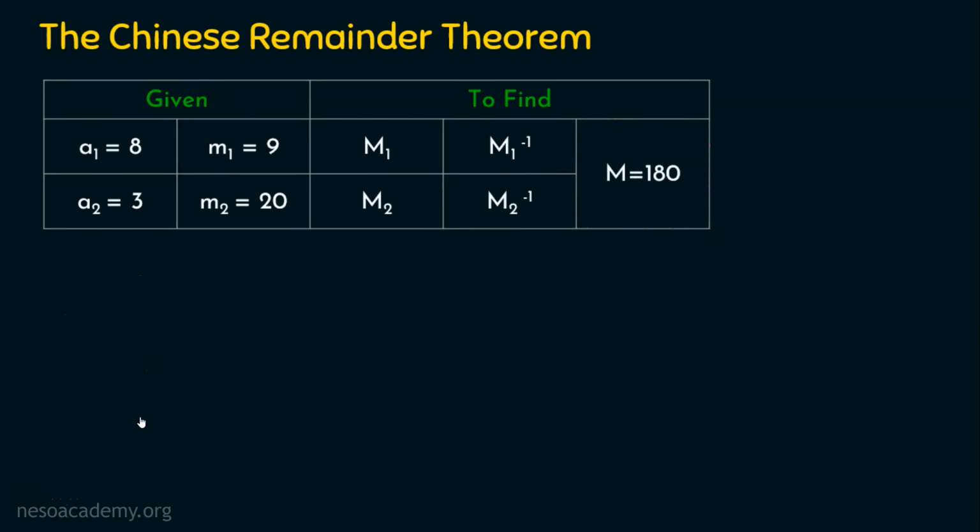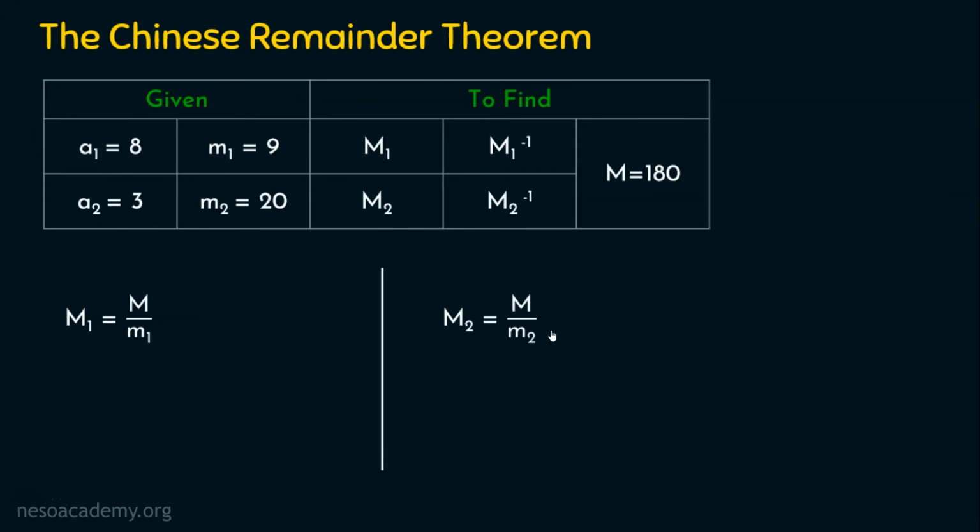Let's now move on to finding capital M1 and capital M2. We know how to find this. Capital M1 is equal to capital M upon small m1, because we are going to find capital M1, so we need to use this value, right? So capital M1 is equal to capital M upon small m1 and capital M2 is equal to capital M upon small m2.